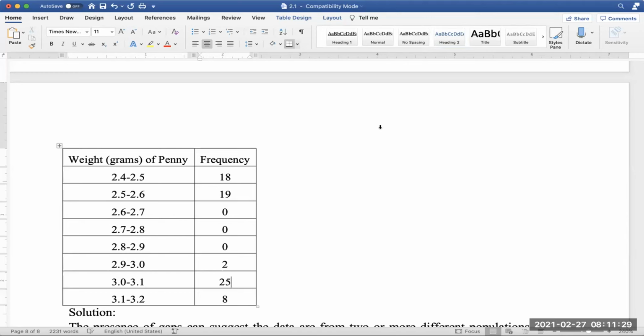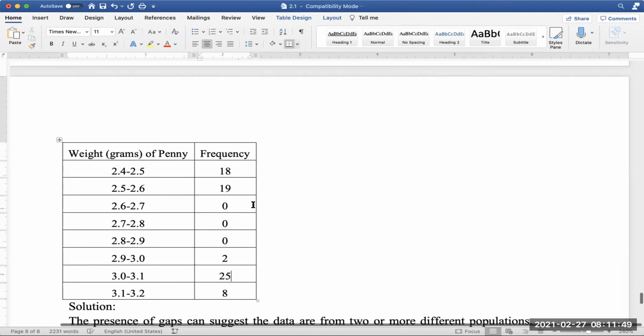Any guesses? Anyone? It's because of the type of the material of the penny. Yes, because pennies have evolved over time.